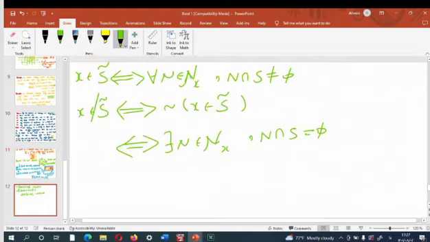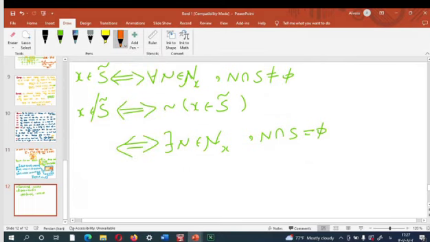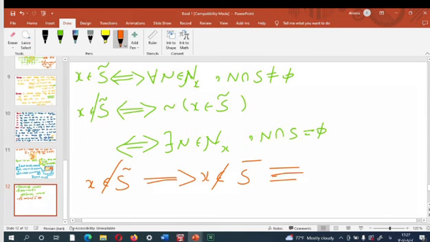So we prove that x not belonging to S tilde implies x not belonging to S bar, which is equal to: if x belongs to S bar, then x belongs to S tilde.